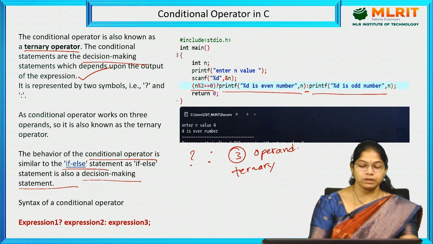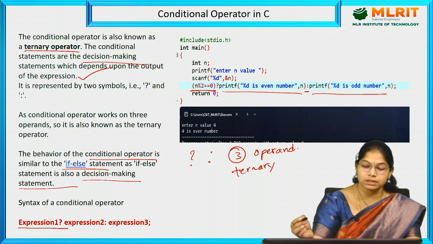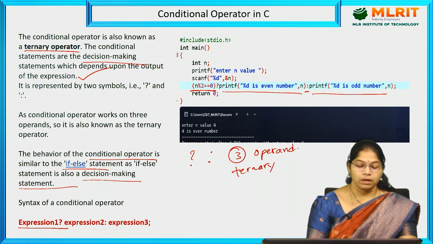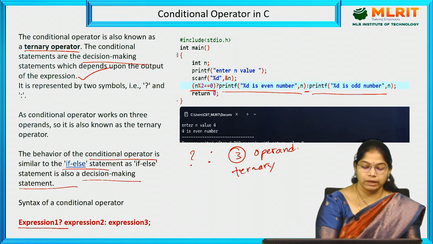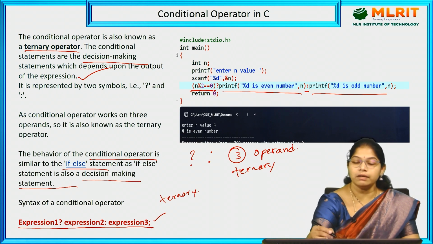The syntax of conditional operator, as I told you, first is the expression. Here in this example we have expression 1, then expression 2 and expression 3. These are the 3 operands. That's why conditional operator is also known as a ternary operator. In this example, I declare a variable called n and enter n value.